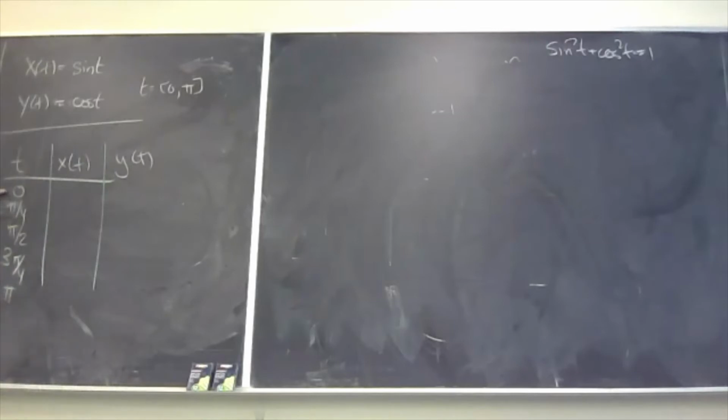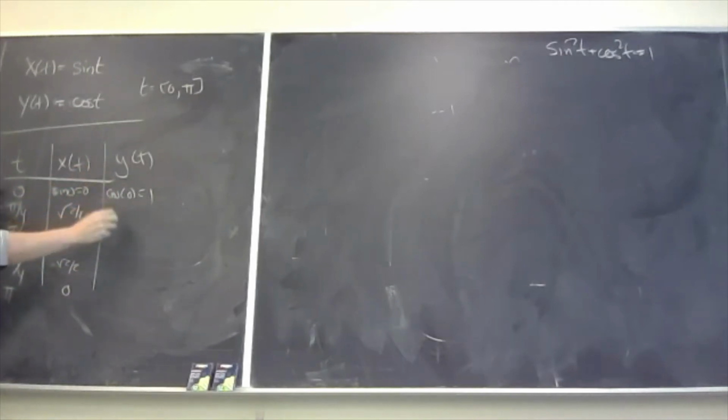Okay, sine of 0 is 0. Cosine of 0. All right, cool. Let's just do the rest of them. Root 2 over 2, 1, root 2 over 2, 0. In this column, we're doing cosines.